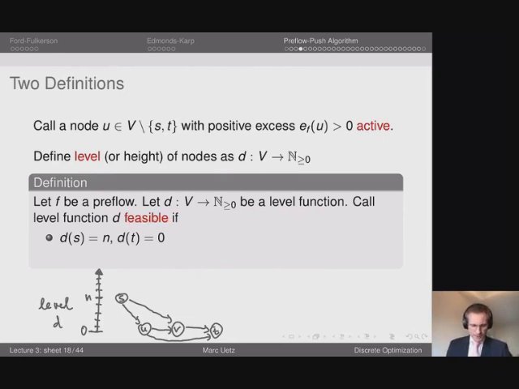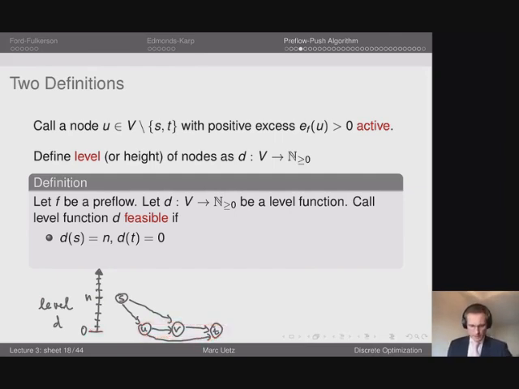First of all, the level of the source node is just fixed to be n. The level of the target node is fixed to be 0. So if you look at this little picture down here, you see a little network, and you see that the source vertex is hanging on level n, and all the other vertices are actually down there at level 0 at the moment.